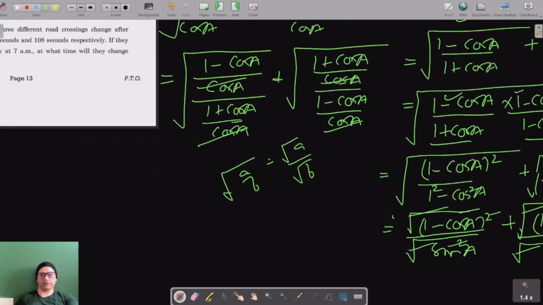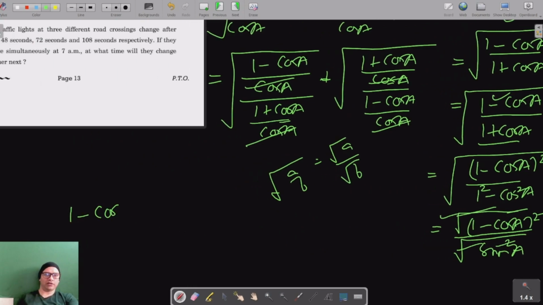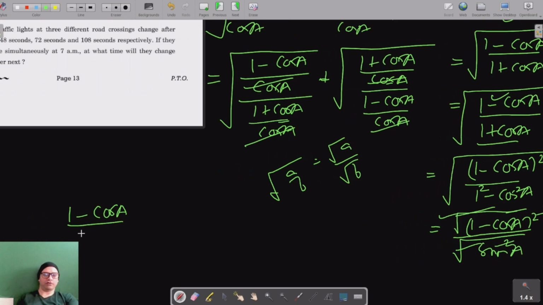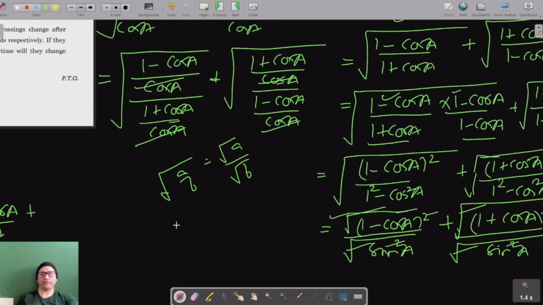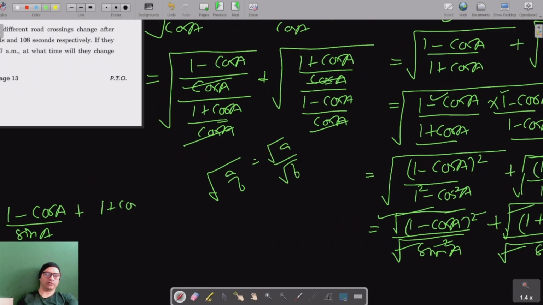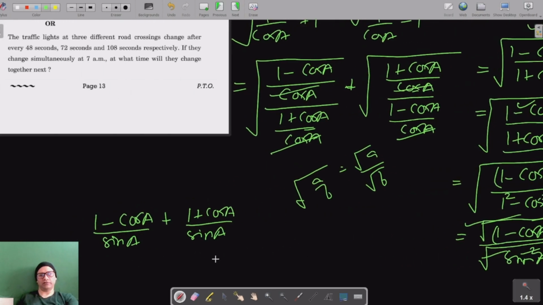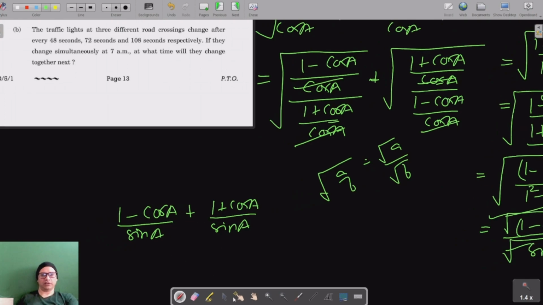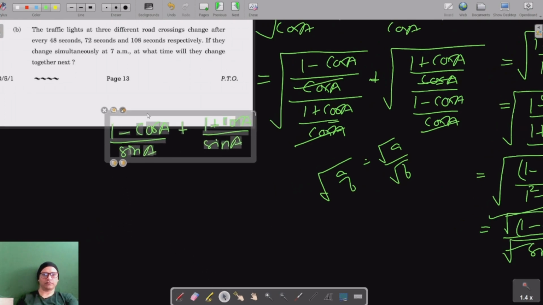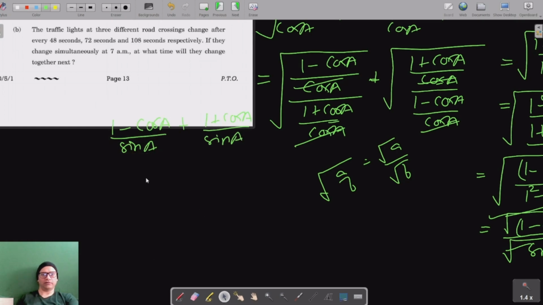Now what we have left is 1 minus cos A on sine A plus 1 plus cos A by sine A. Taking LCM once again, this is equal to sine A. This is 1 minus cos A plus 1 plus cos A. Cos A gets cancelled.